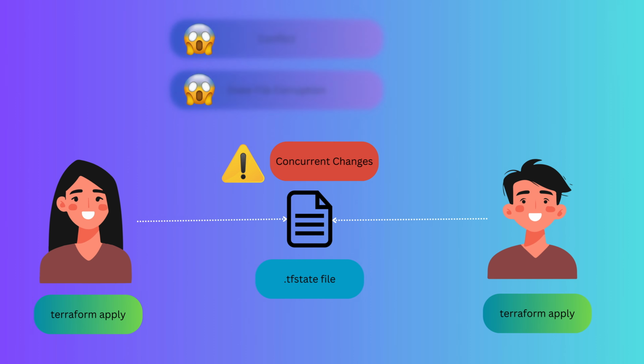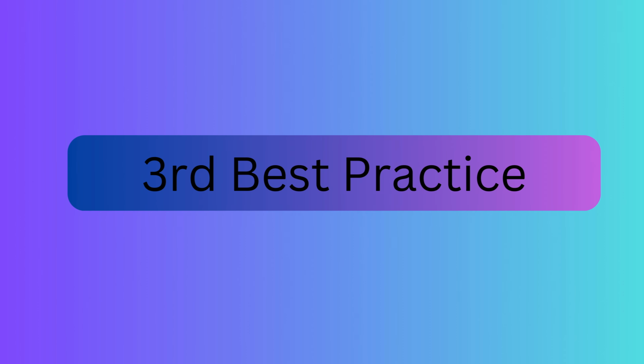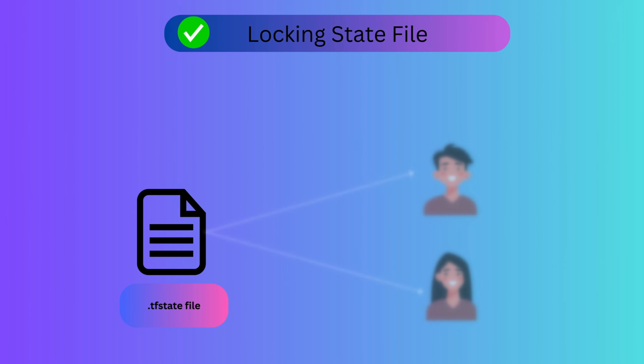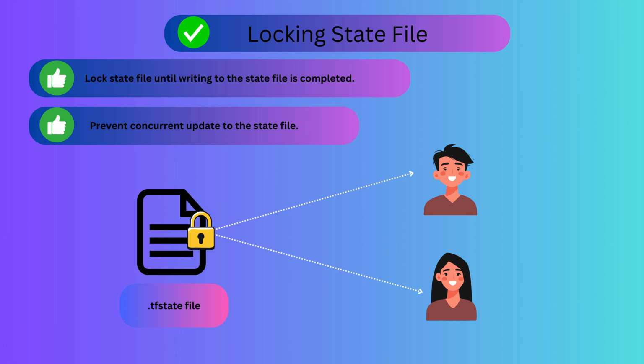If two team members are making concurrent changes on the same Terraform state file, we land up in conflict and may face state file corruption also. To avoid changing Terraform state at the same time, we have the next best practice, which is locking the state file until the update is fully complete and unlocking it for the next commands. This way, you can avoid concurrent edits to your state file.